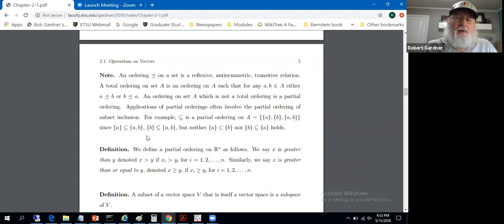We'll use them most commonly, and maybe you've seen them in algebra classes, in this setting where we talk about ordering sets using set inclusion.